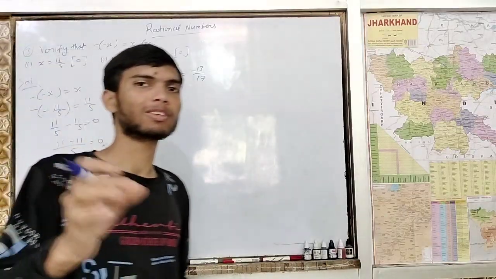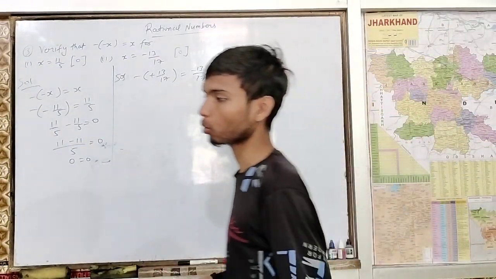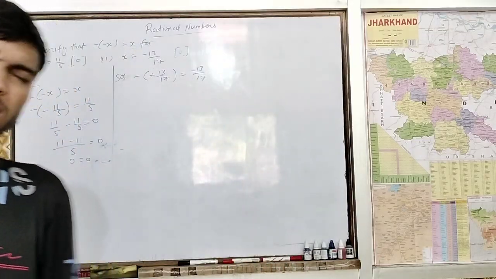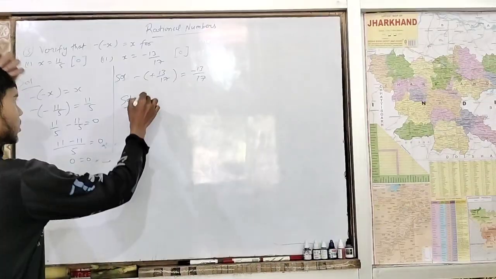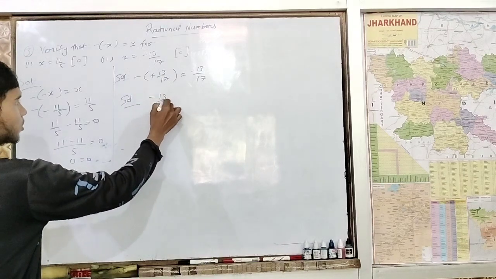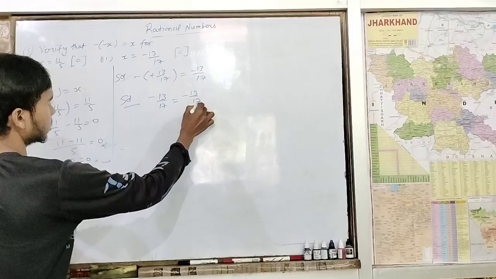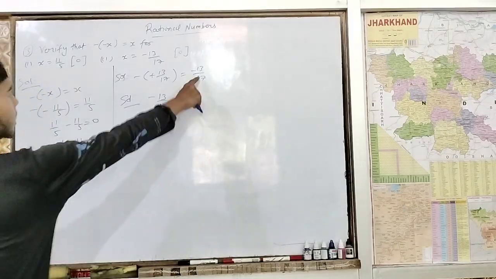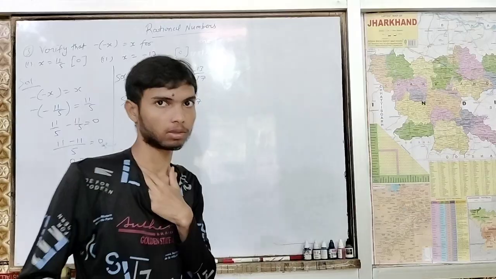In the first step, we just substituted the value of x. Now after substituting, we need to simplify this. So just simplify this. It will become minus 13 upon 17, and it is already minus 13 upon 17. We don't need to simplify this RHS. Now look at this. Both are the same.